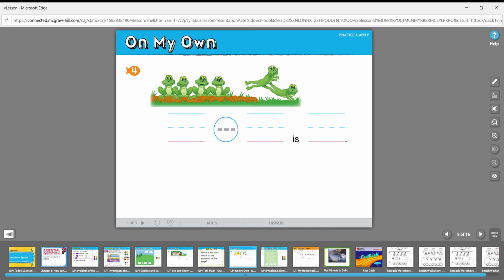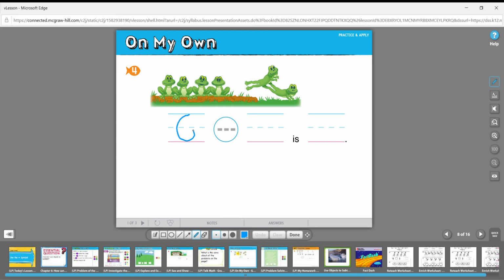So now when you do On My Own, you can probably know without even hearing the subtraction sentence what is happening in this problem. So there's some frogs, and some of the frogs are jumping away. So the first thing we need to do is count up all the frogs. 1, 2, 3, 4, 5, 6. 6 frogs.